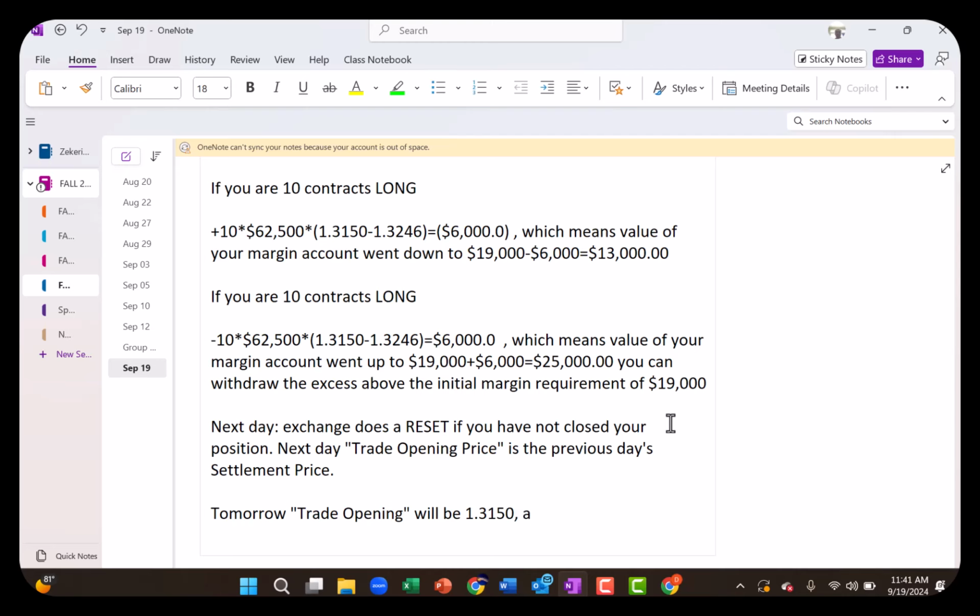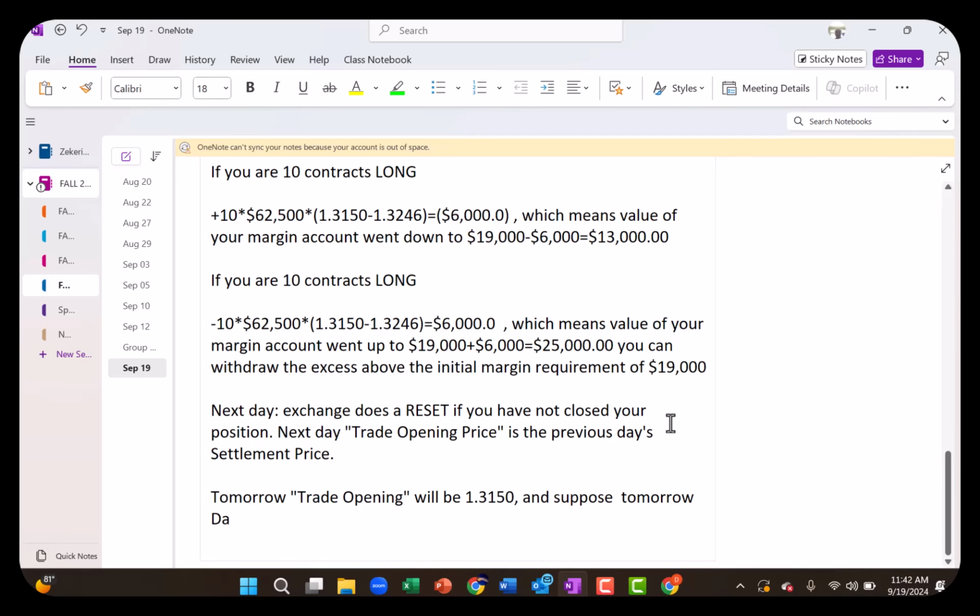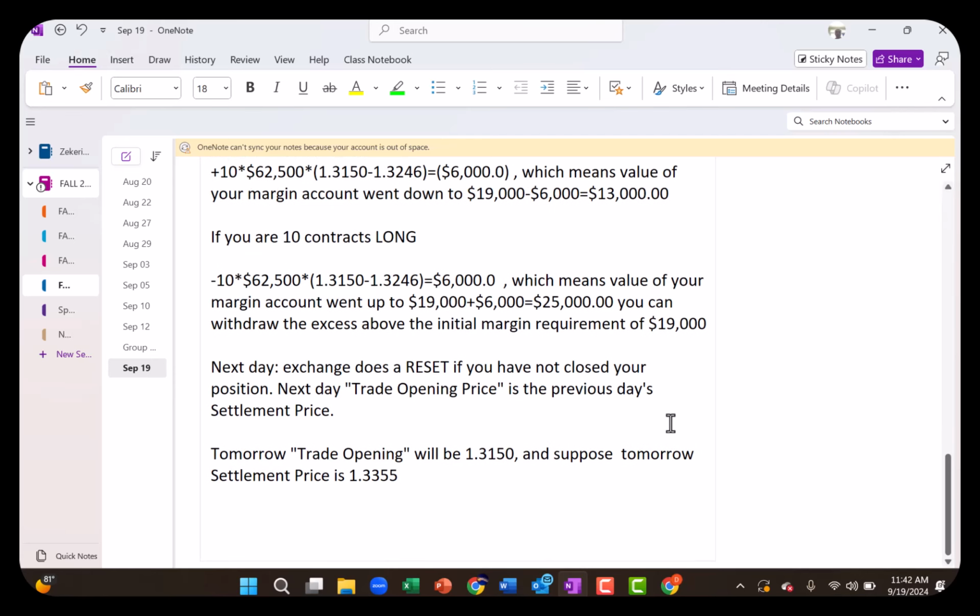And suppose tomorrow settlement price is 133.55. Okay. That's typically a very big move, but they're making it up.